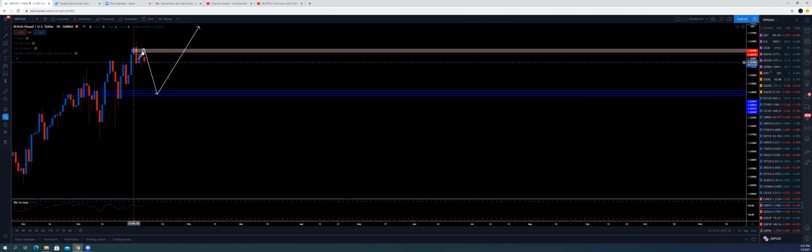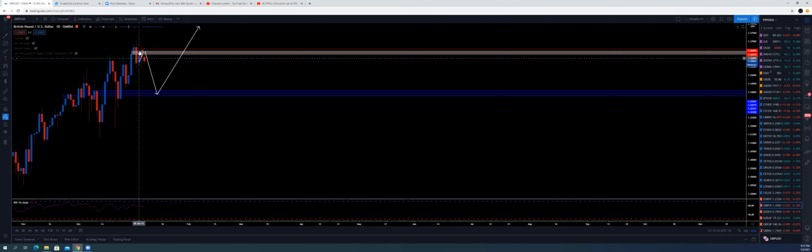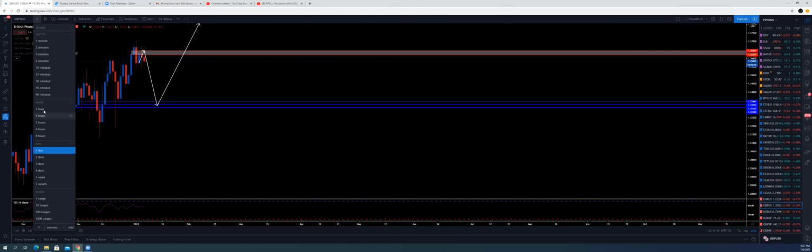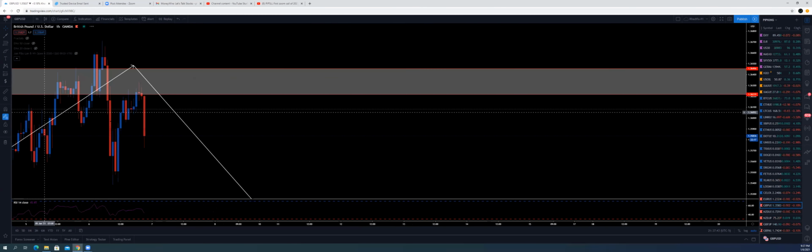I told you I wanted to see GBP USD pull back up into this structure and give us a sell off it. And if I come down to the hour time frame, we can see how that's playing out.